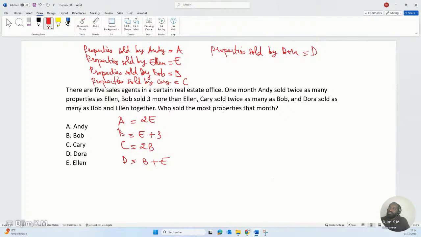Okay, so how can we go about this one? Who sold the most property?